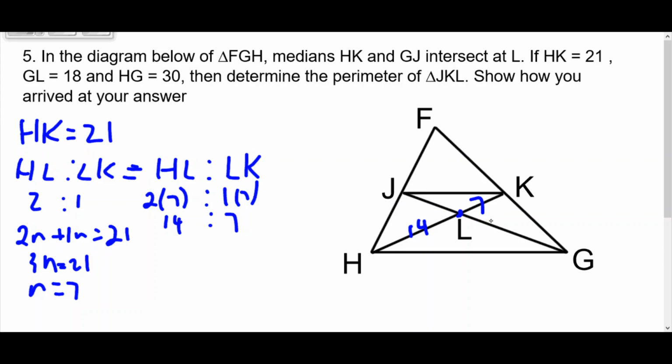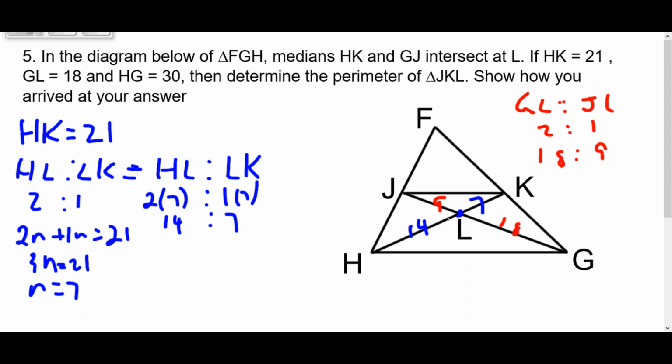GL is 18. And they're asking us to find the perimeter of JKL. So the ratio of GL to JL is 2 to 1. And if GL is 18, JL is half of that, which is 9. So we'll put the 9 here.